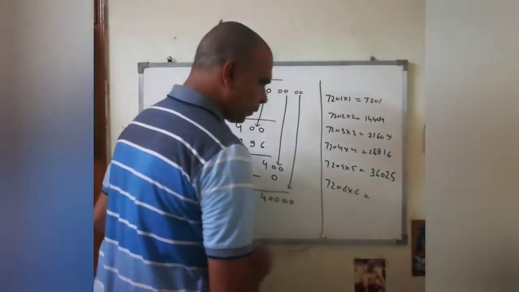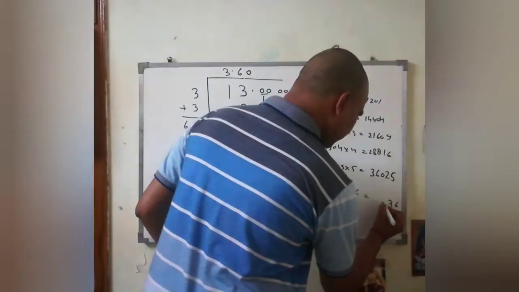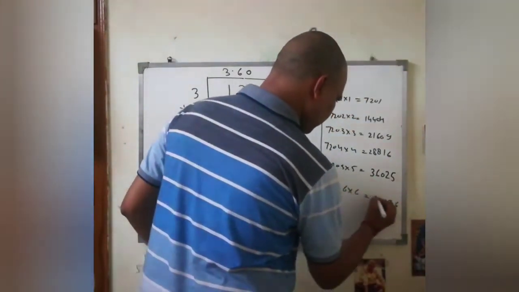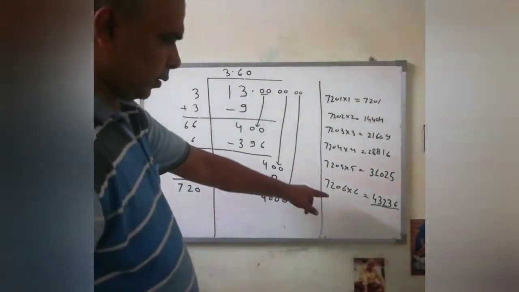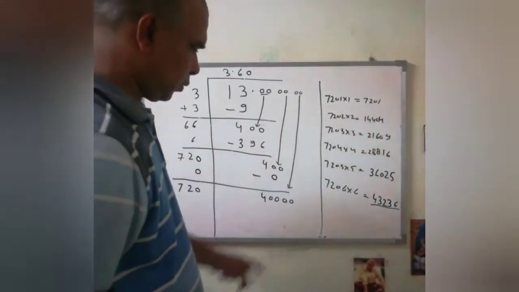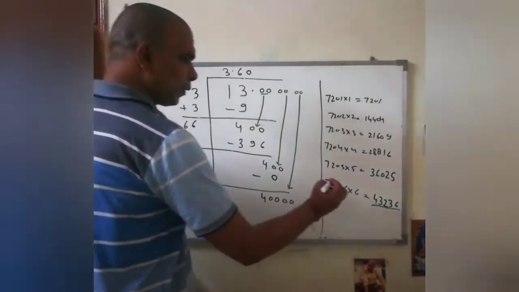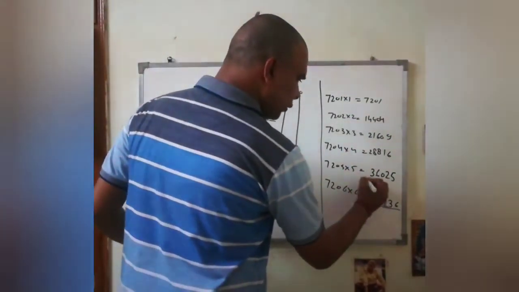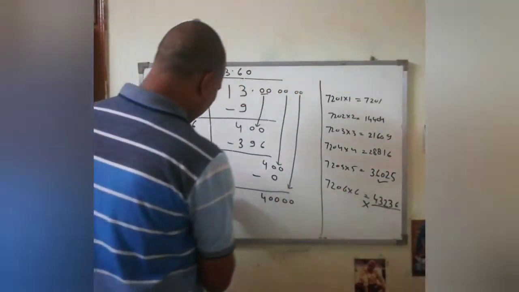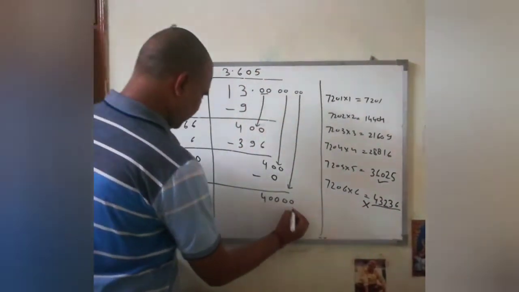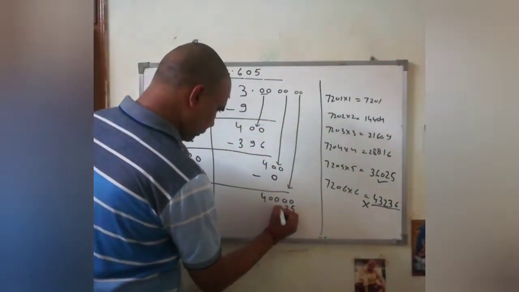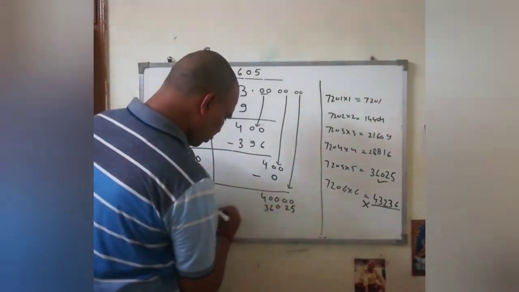Something is wrong. I think 4320. Okay, so you can exclude it and you can adopt this, 72505. 3 point, and you can subtract it.